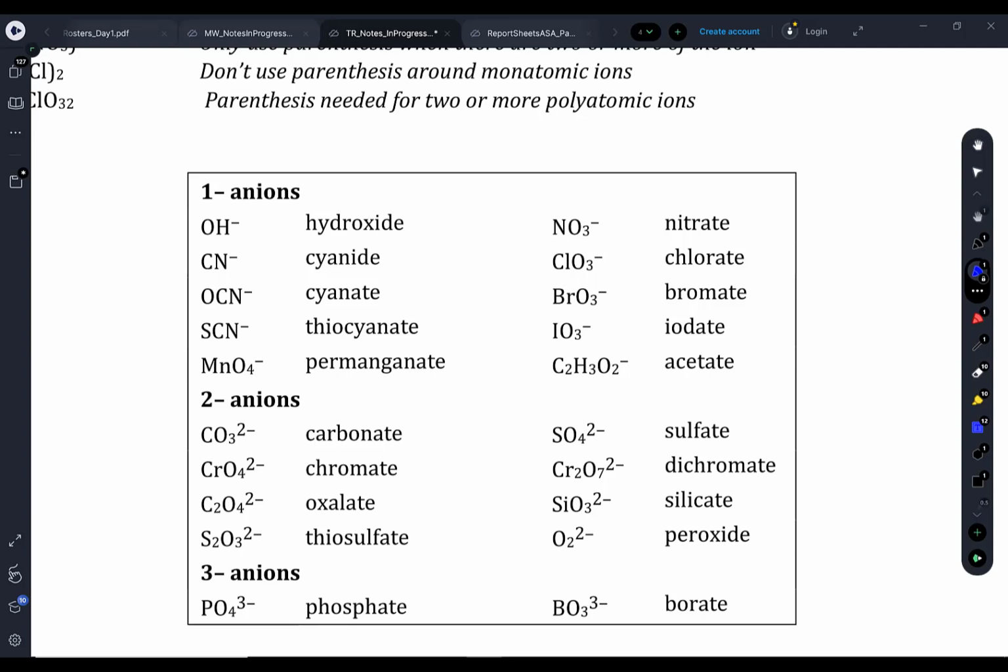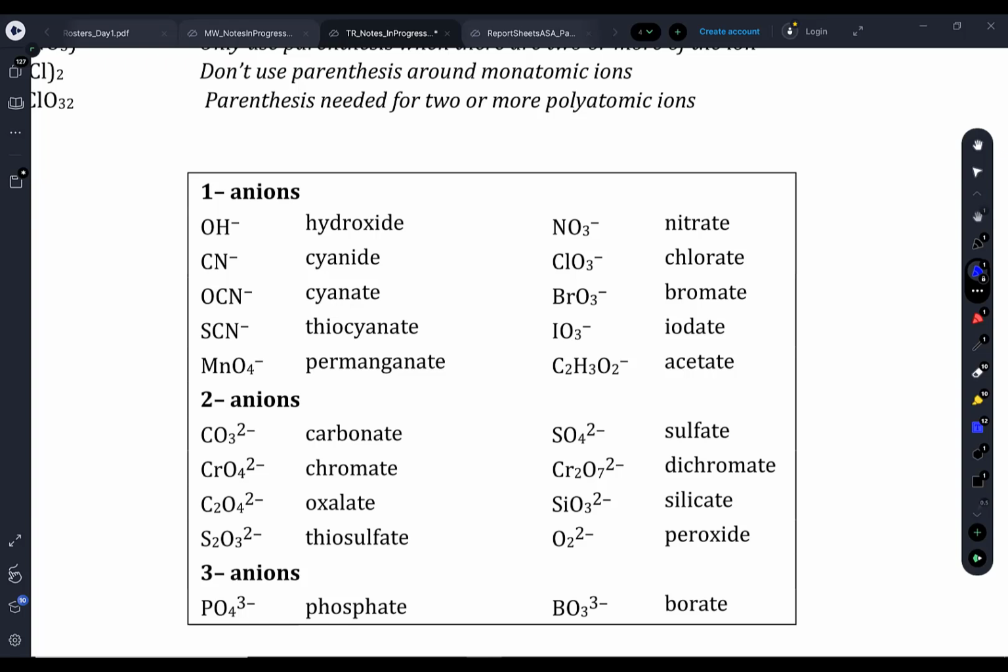So on this table, the only ones that are not oxyanions are hydroxide, which does contain oxygen, right? But it's an oxygen front. Cyanide, which has no oxygen in it. And peroxide, which does have oxygen, but it's special.